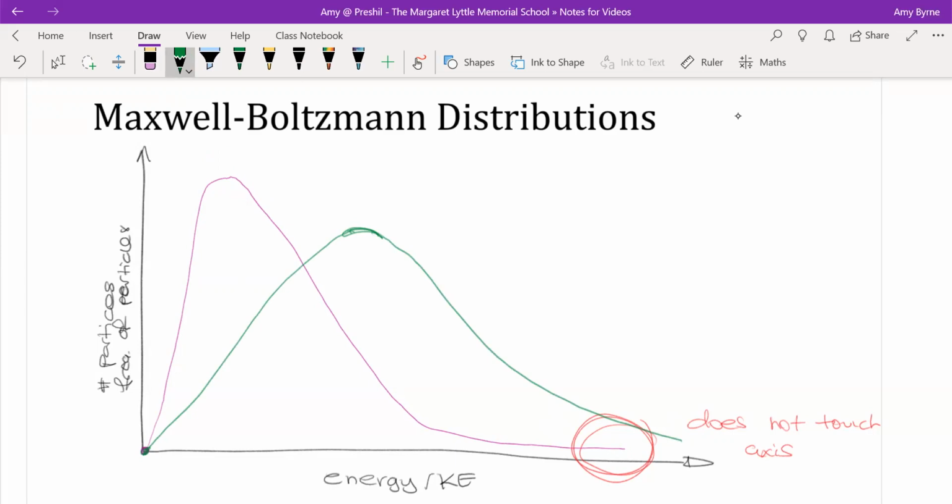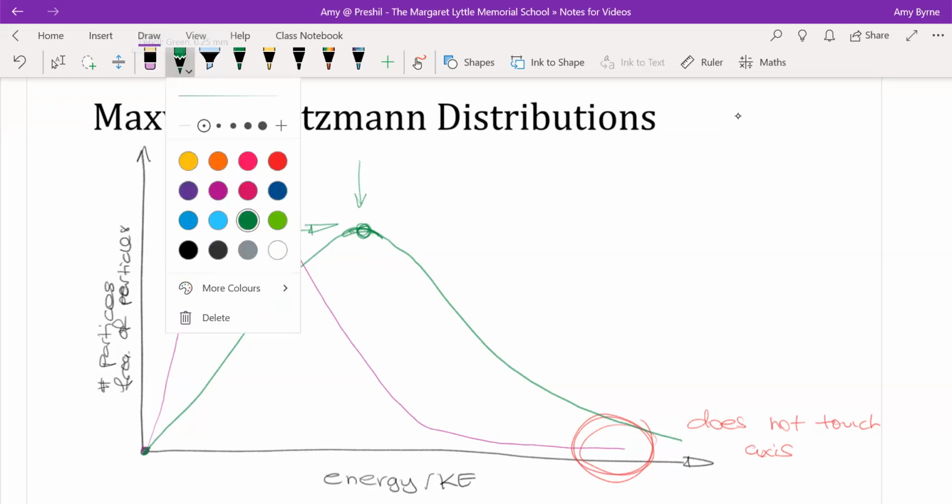The peak of this curve is lower and to the right of the other peak. The area under those curves is the number of particles. So this green curve has the same number of particles as my purple curve, but they are distributed around a different mean.